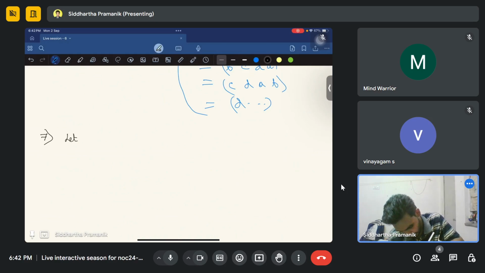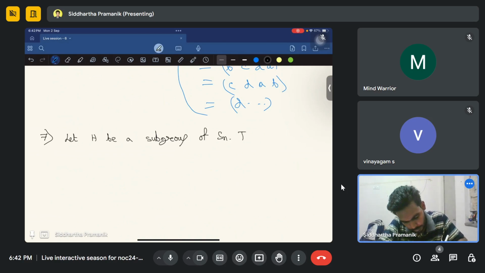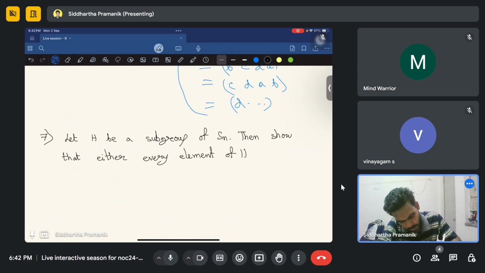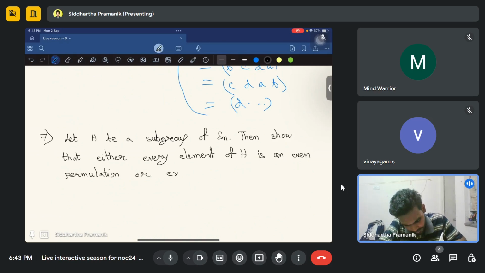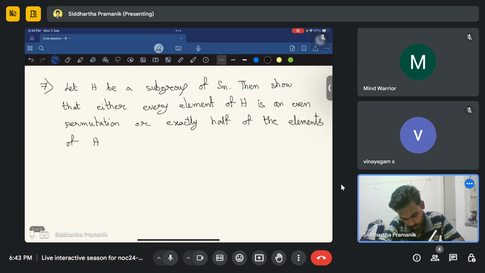Let H be a subgroup of Sn. Then either every element of H is an even permutation, or exactly half of the elements of H are even permutations.